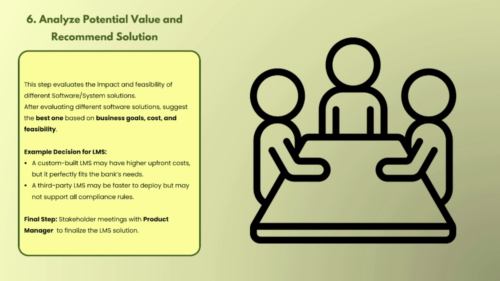In short, in this step, we look at how each possible solution will benefit the business and whether it's realistic to build. After comparing options based on things like goals, cost, and what's possible, we suggest the one that makes the most sense and gives the best value for the business.